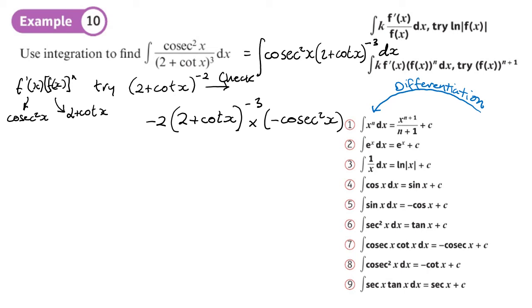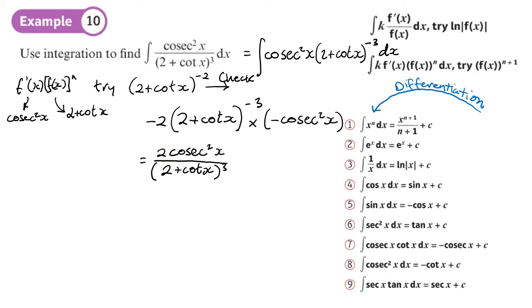So let's tidy that up. We've got a negative and a negative, so it becomes 2 cosec squared x over, I'm going to put the negative 3 back down at the bottom so I can compare it with the question. So it becomes that, that's what it equals. Notice there's a 2 here that I don't want.